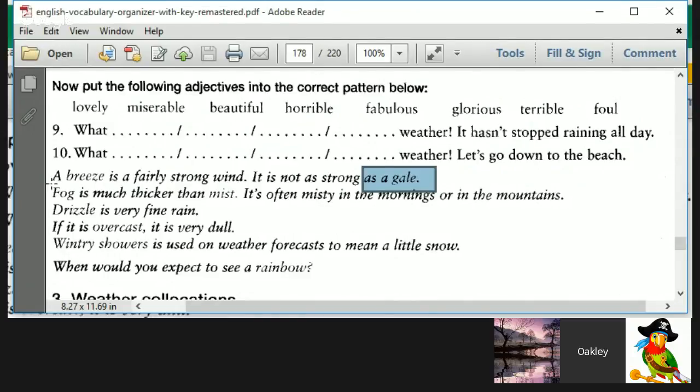Fog is thicker than mist, okay. It's misty in the mornings in the mountains. We talked about that. Again, a drizzle means something different for British people. A fine rain, a drizzle is more of a drip droppy rain for Americans. Overcast, dull, all right.